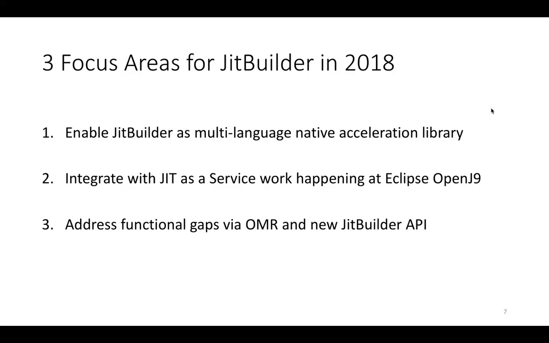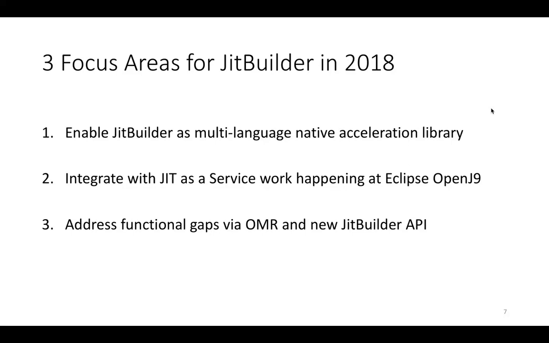A second area of focus is around integrating the JitBuilder API with some work that's been happening at the Eclipse OpenJ9 project that will be open sourced there in the next couple of months around JIT as a service, and I'll talk a little about what that means and how JitBuilder fits in.